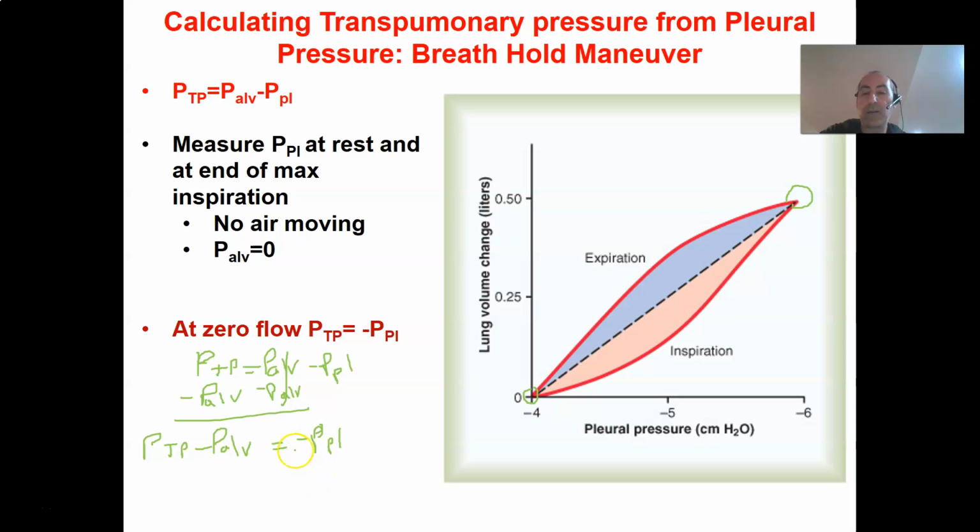And we can multiply a negative through both sides. That means a negative transpulmonary pressure plus P alveolar equals a positive pleural pressure. It doesn't matter what format you keep this in, you're going to get an answer that you can use.